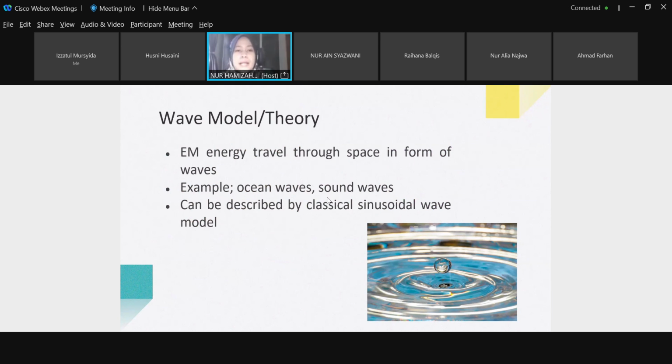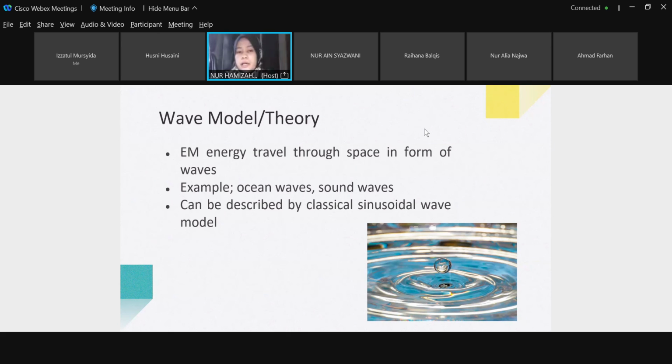Okay, so let's look at the wave model or the wave theory first. For the wave model, the electromagnetic radiation's energy travels through space in the form of waves.